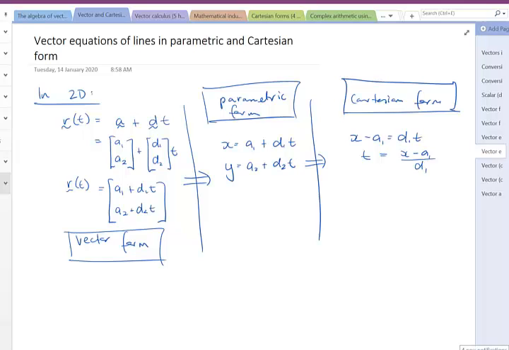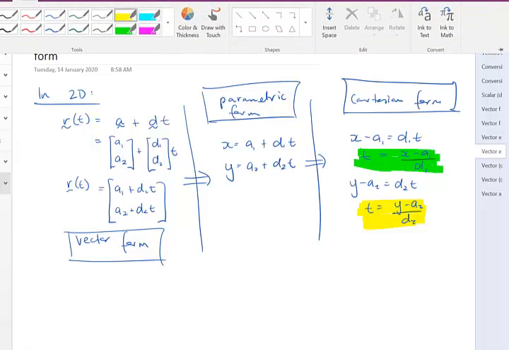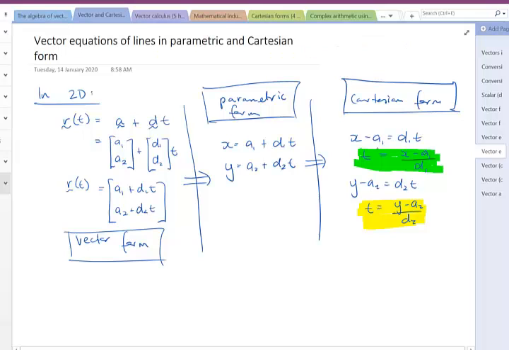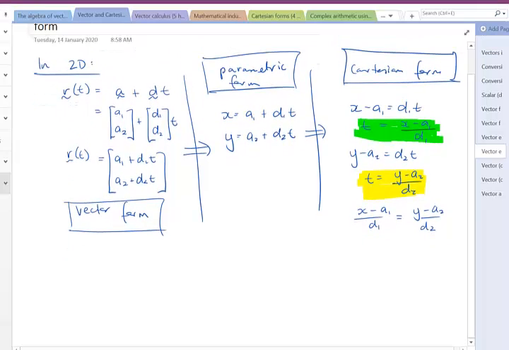If we do the same for the y equation, we can say that y subtract a2 is equal to d2t, and therefore t is equal to (y subtract a2) on d2. Because both of these equations are equivalent to t, we can write our Cartesian form of the equation as (x take a1) on d1 is equal to (y subtract a2) on d2. We'll look at how that works functionally now when we go through an example.